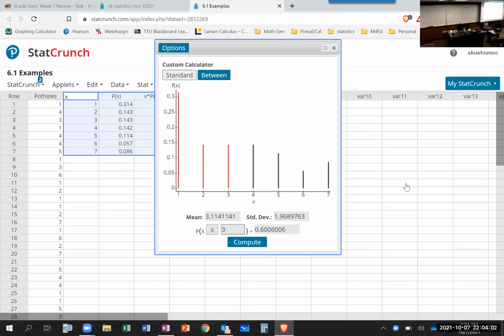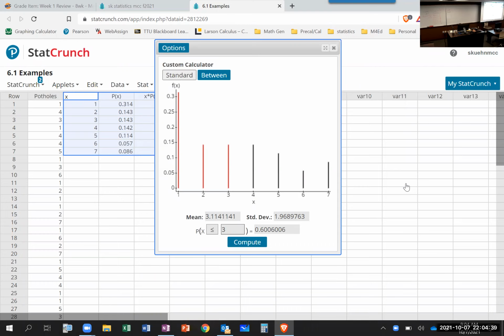No, X is our value. So the weights or the probabilities. All right, did everybody get that pulled up? Raise your hand if you don't have that pulled up, if you need some help pulling that up. You have to go to Stat. So both of you go to Stat, go to tables, frequency.